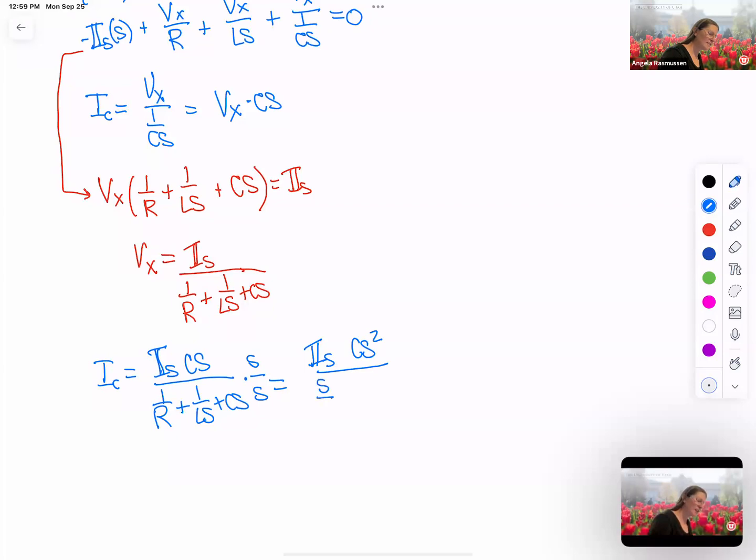And then this will be S over R, 1 over L, CS squared.